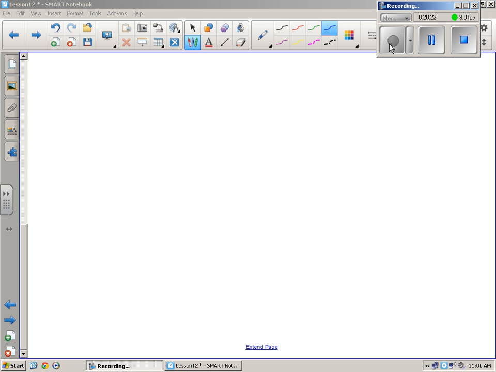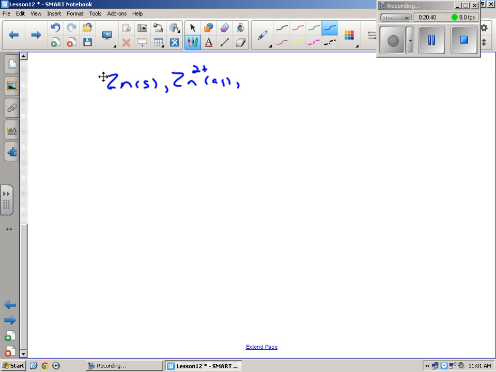Some things you might want to write out here. Zinc. Okay. I'm thinking that, once again, zinc is probably going to be one of the half cells. If zinc's one of the half cells, what goes with zinc? Zinc 2+. The most common type of half cell is a metal dipped in its ion solution.